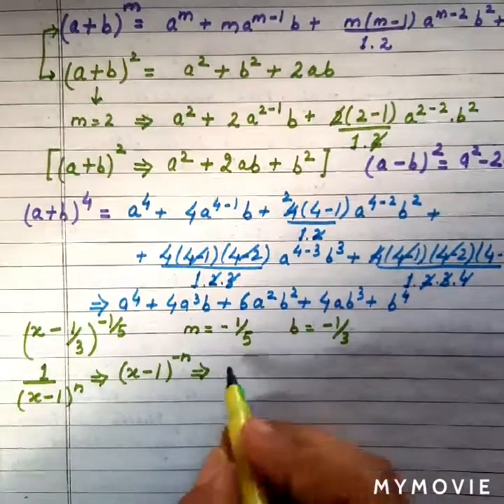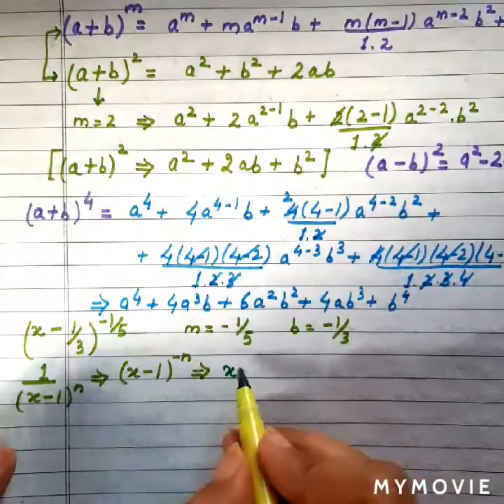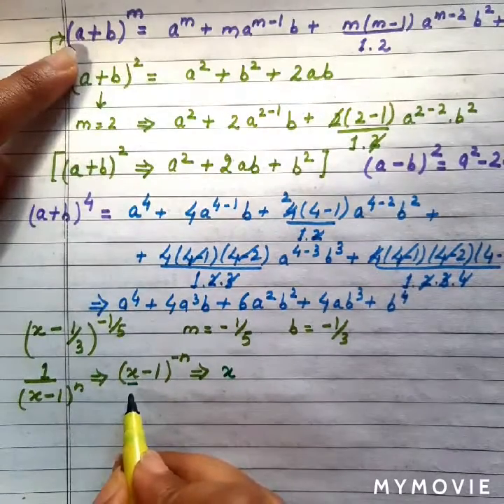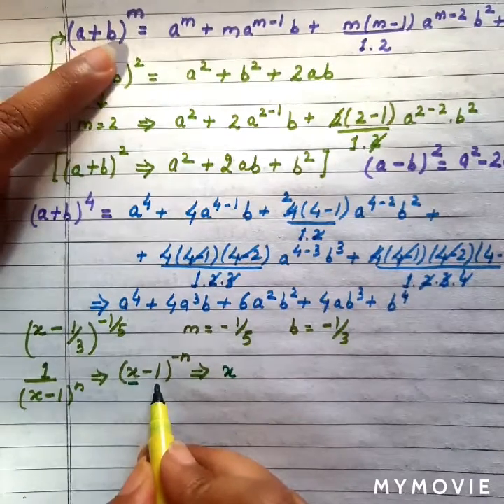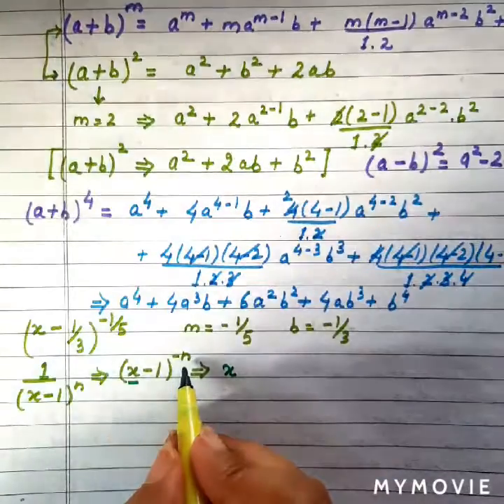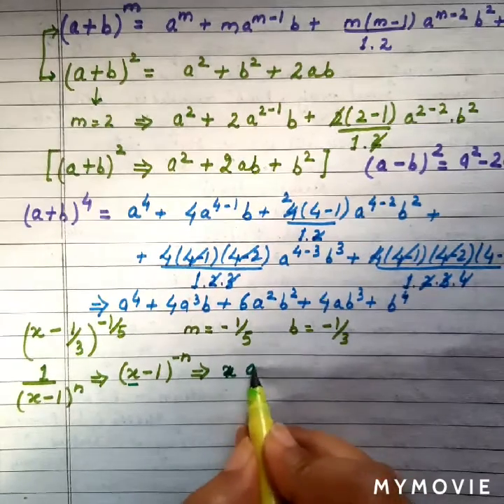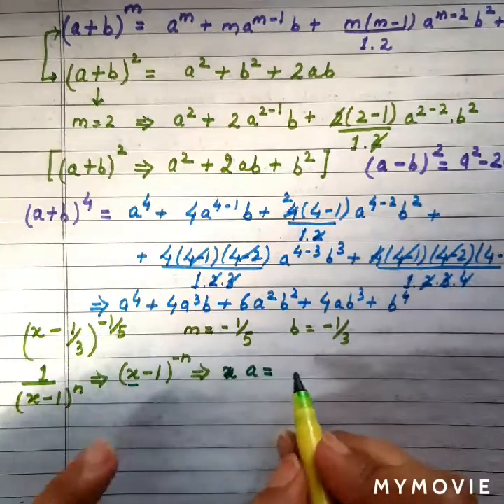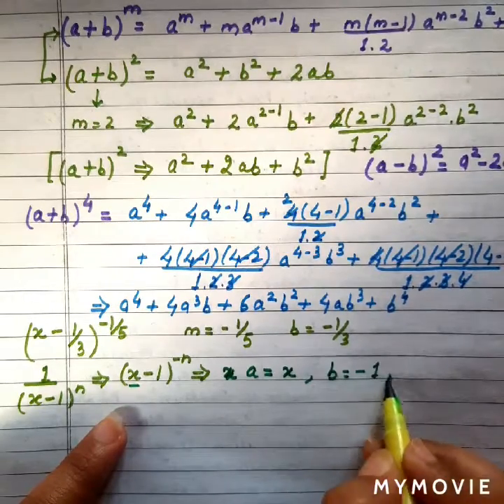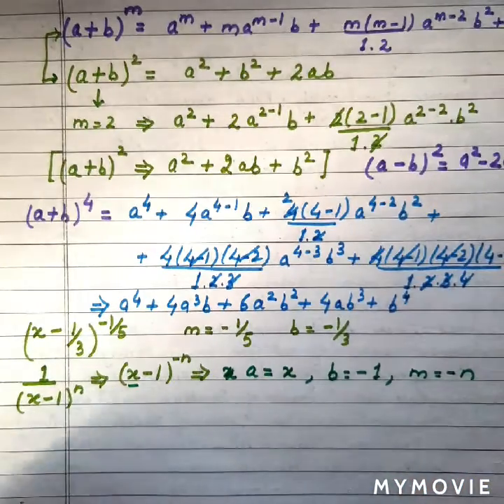So when m is equal to minus n, we will fill in these values, and what we will find there, x raised to power m, which is x, here this is equal to a, right? This is equal to a, and b is equal to minus 1, m is equal to minus n. Let me write over here, a is equal to x, b is equal to minus 1 and m is equal to minus n, right?